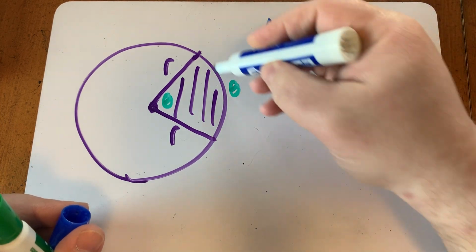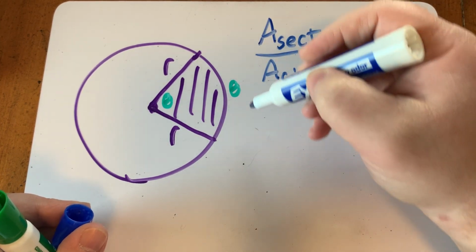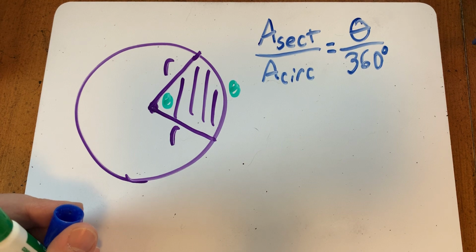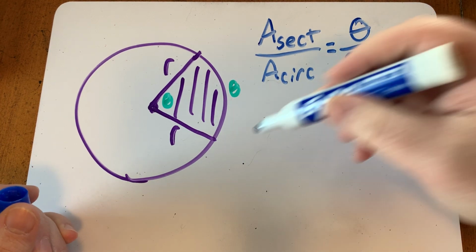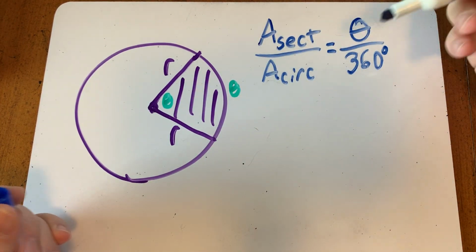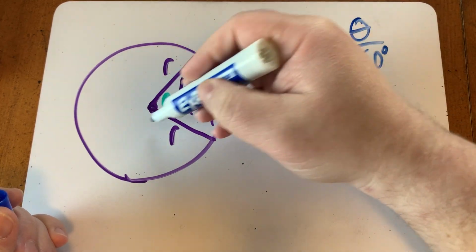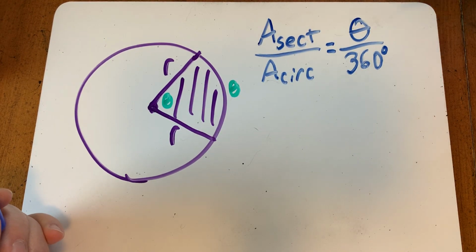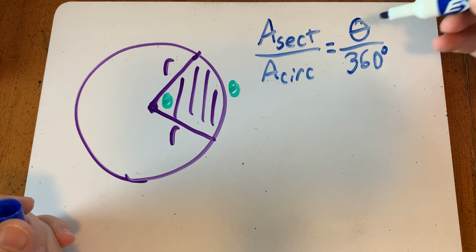Or the measure of the intercepted arc to the entire circle. Because the measure of the whole circle as an arc is 360, and the measure of the central angle of the entire circle is 360. It doesn't matter.